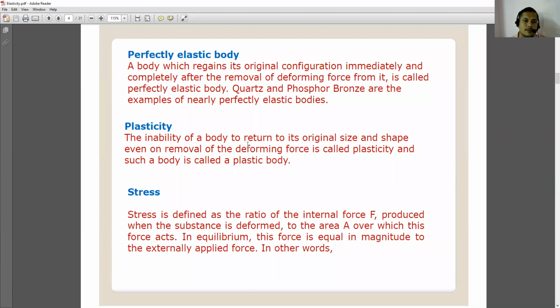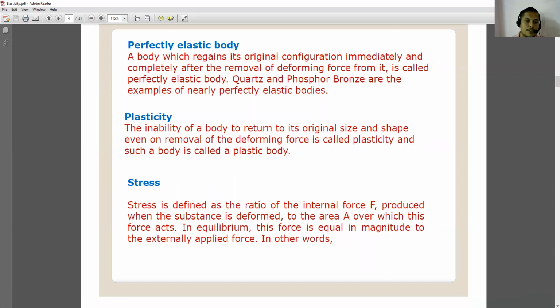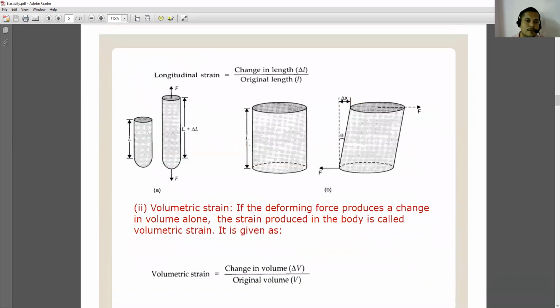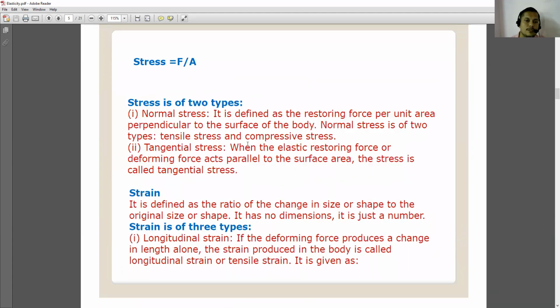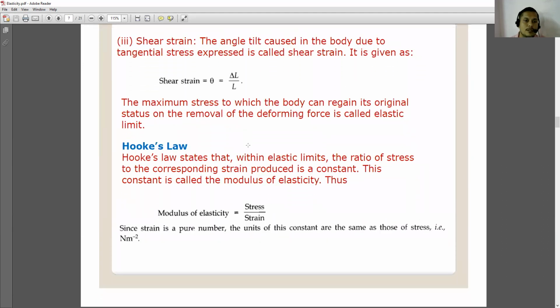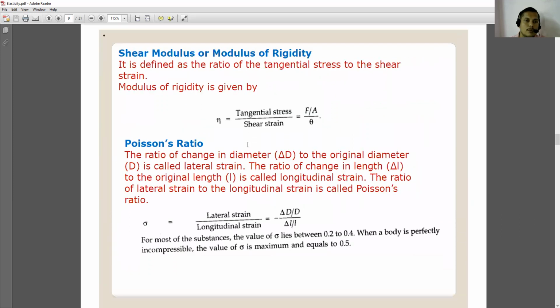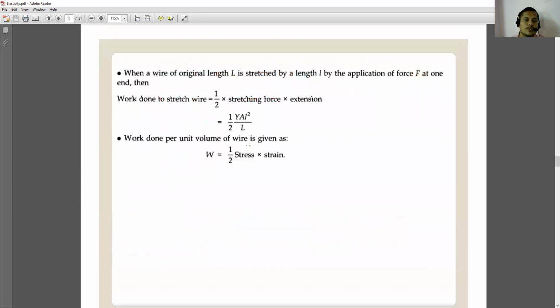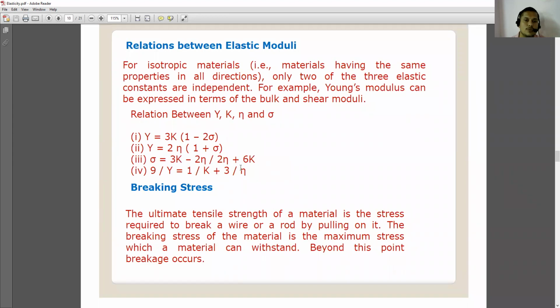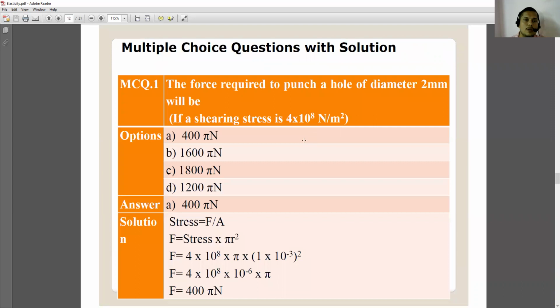Then plasticity, where the body cannot regain its original shape and size. Stress and strain definition. Then types of strain. Then Hooke's law. Modulus of elasticity, that is Young's modulus, bulk modulus, and modulus of rigidity. Poisson's ratio, and the relation between these four constants. Okay, now let us understand these basic terms in terms of equations, numericals, or MCQs.